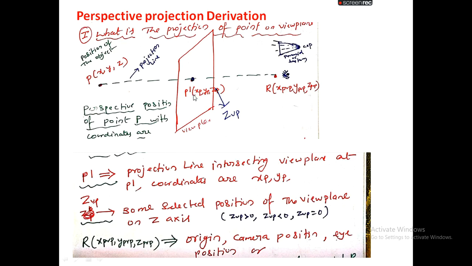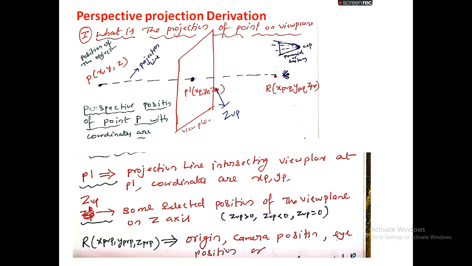P dash has coordinates xp, yp and zvp, where zvp is some selected position of the view plane on the z-axis. Please remember, the dashed lines I drew are perpendicular to the projection plane, that is, perpendicular to the view plane.